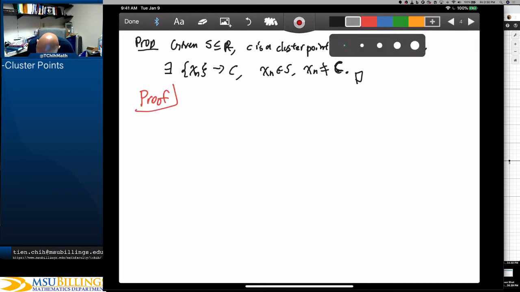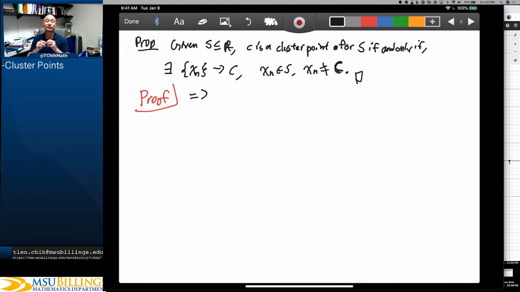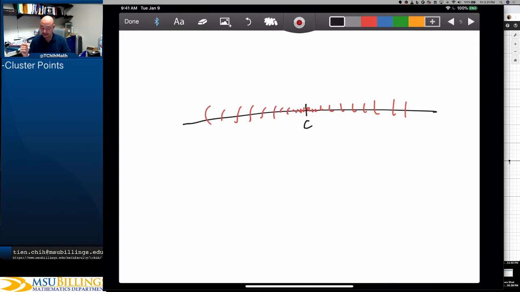Let me switch colors here. And let's go with the forward direction. So we're going to have our cluster point and we're going to have our sequence going towards it. Now, the intuition behind this is, if I pick some distance, some epsilon, there's stuff in there, right? The cluster point definition guarantees that I have things other than C in that radius. So I'm going to pick one of them to be x1.